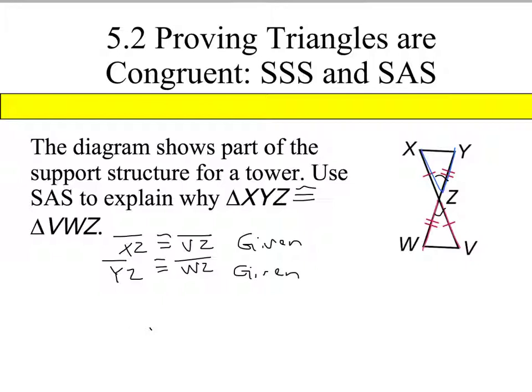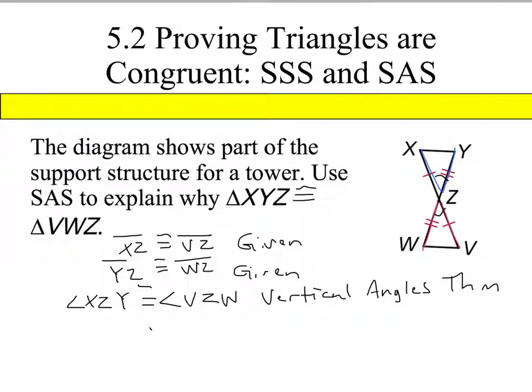Now, looking at those angles, what type of angles do we have? Do you remember what that is? Those are vertical angles. Remember those? So we have angle XZY is congruent to angle VZW. Why? Our vertical angles theorem.